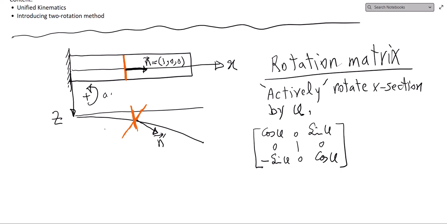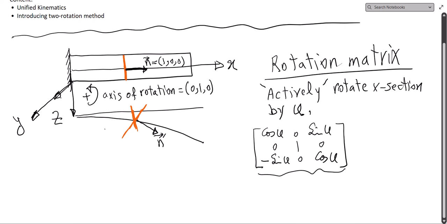Therefore, my axis of rotation is 0, 1, 0, which is basically the positive y direction. And therefore you get this matrix here, which is the active one, the transpose of the passive rotation that you can get from the Rodrigues equation. So the background for this is the early videos, videos 1 and 2.